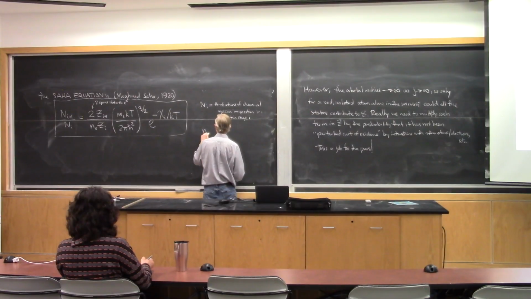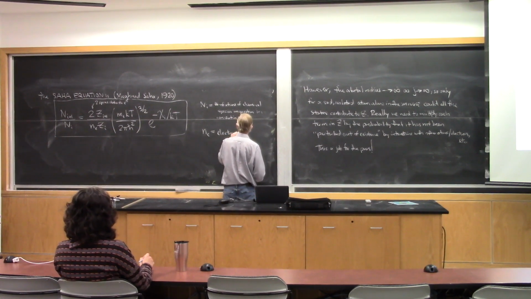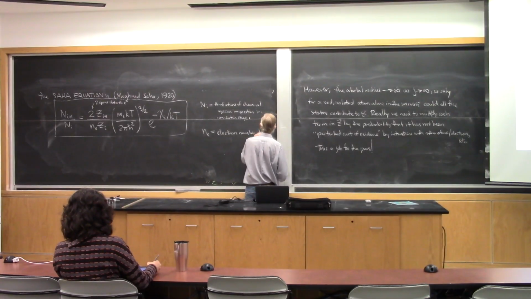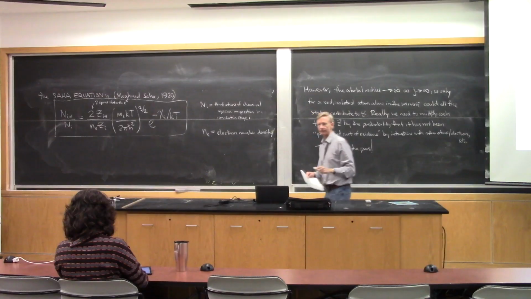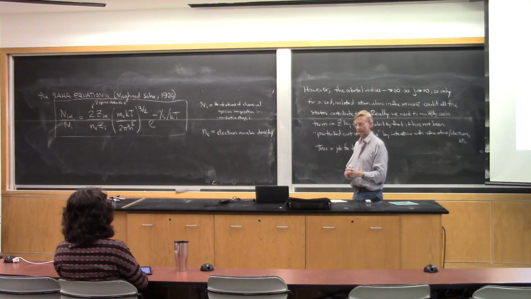And N sub E is the electron number density. So we're going to see a lot of examples of number densities as we continue forward. A number density is a number of particles per cubic meter, per unit volume, basically.